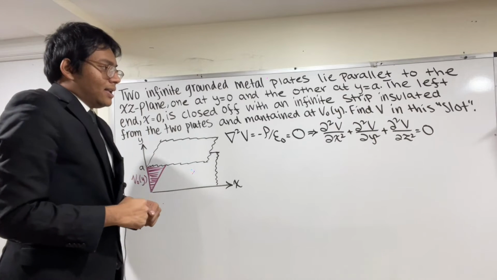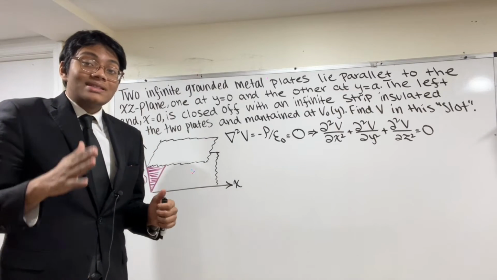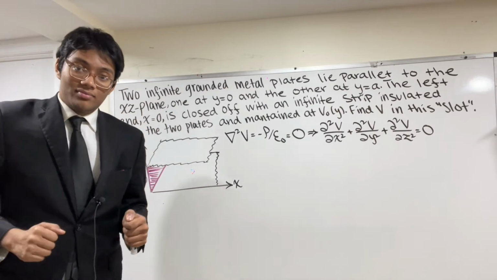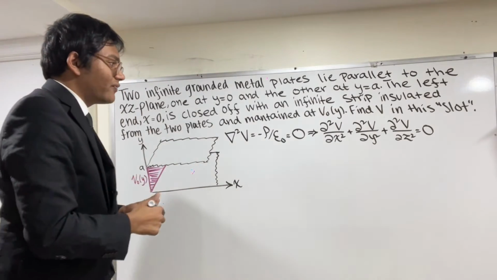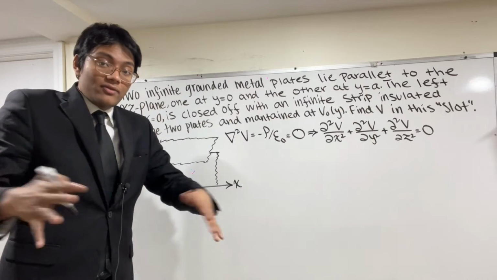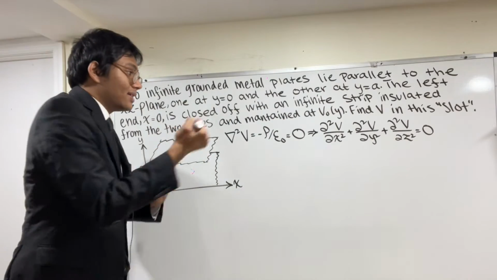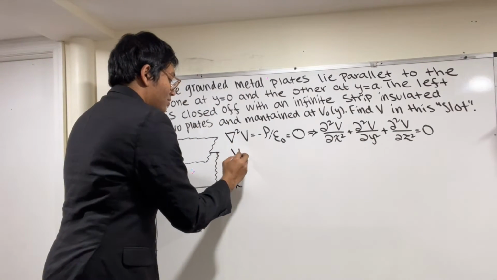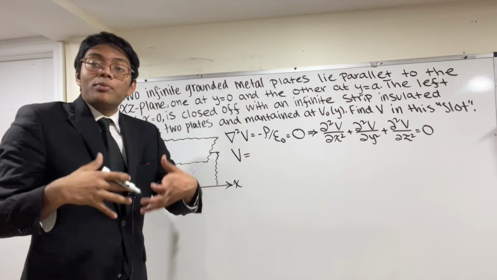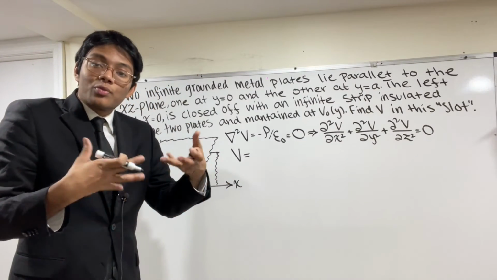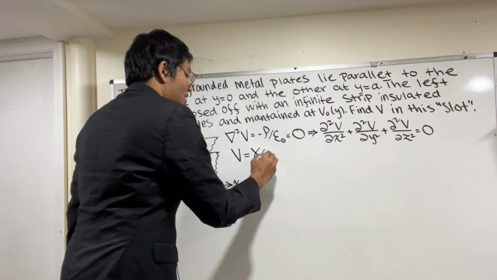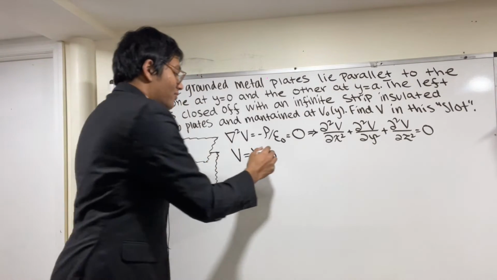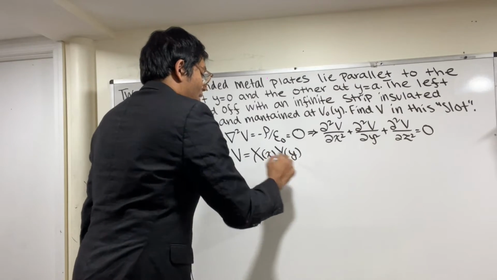Now we're going to use something called separation of variables. This is a very powerful technique. Separation of variables assumes, out of nowhere, that the electric potential may be a separable product of two functions: one function that is just defined in terms of x, and another function that's just in terms of y.